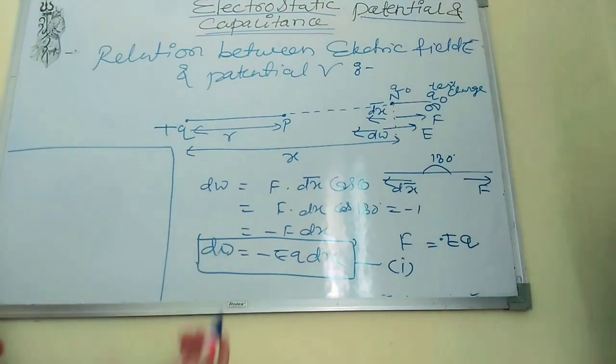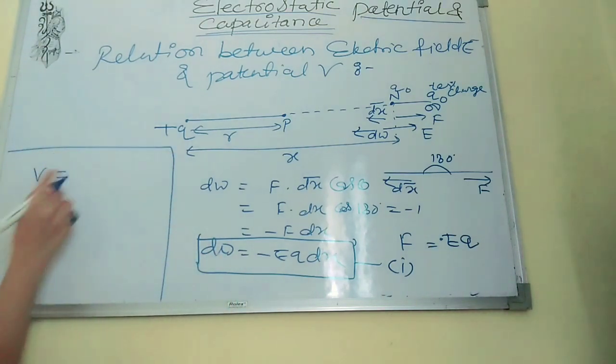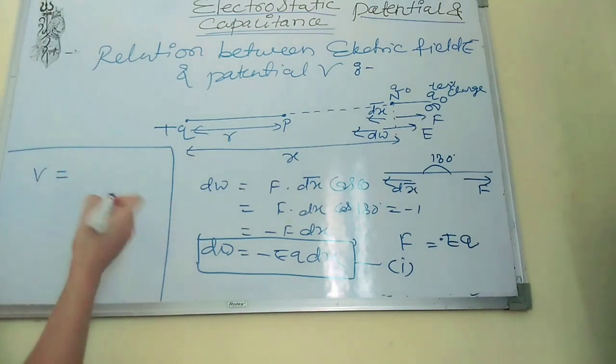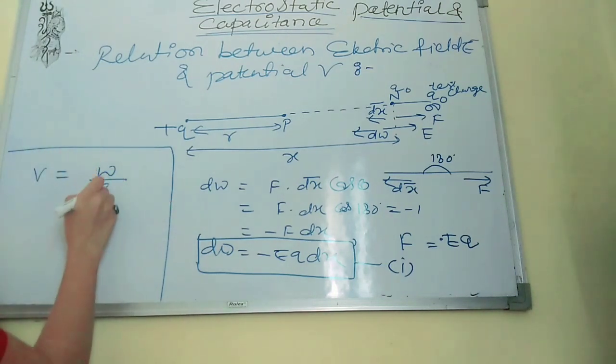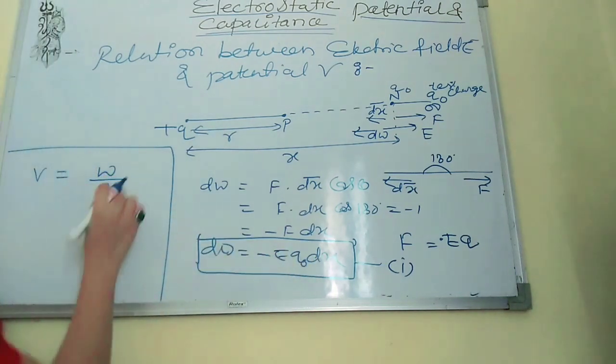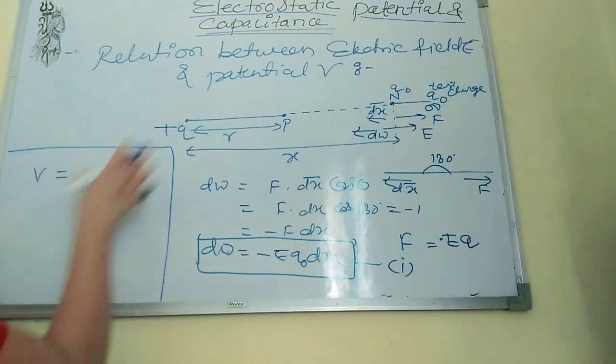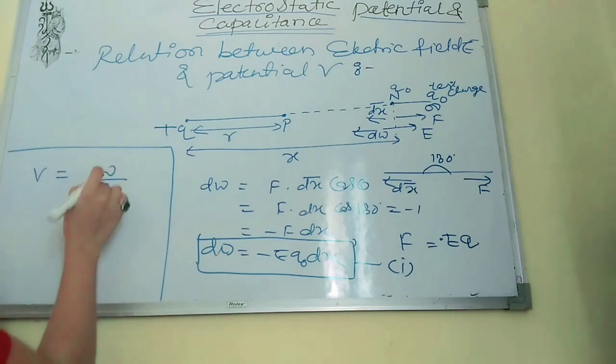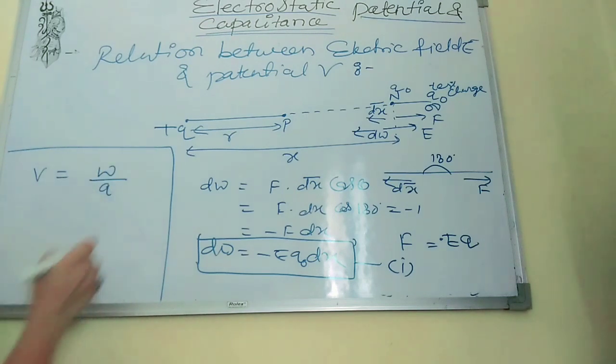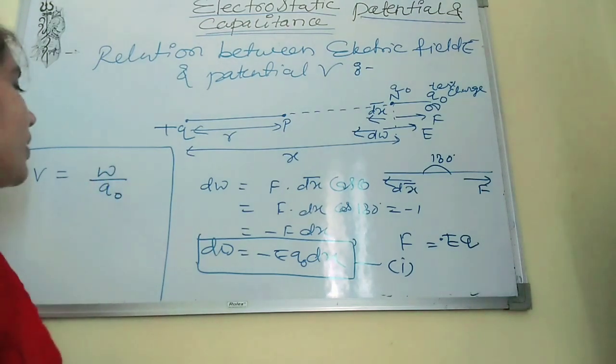Now we know the formula for potential is the work done to bring this q naught from one point to another point, that is work done per unit charge, that is W by q naught.